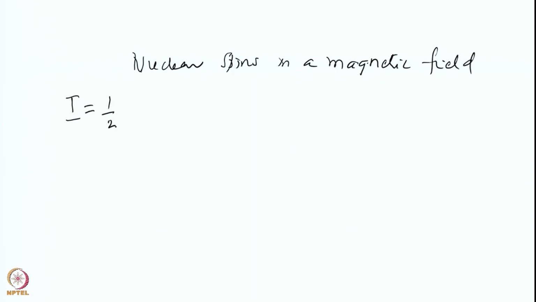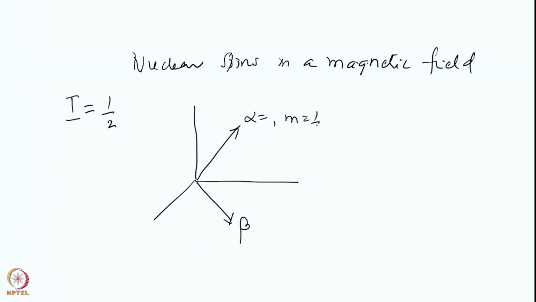We said it has two possible orientations in space. I have one possible orientation like this, and the other like this. We call this the alpha state and this the beta state, where m is equal to half here and m is equal to minus half here.